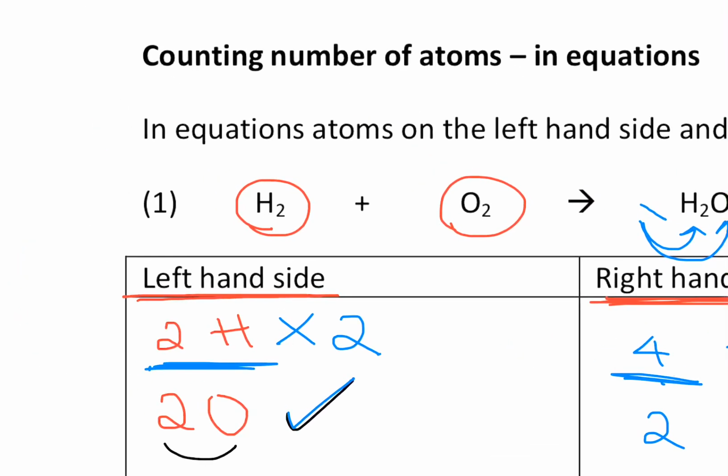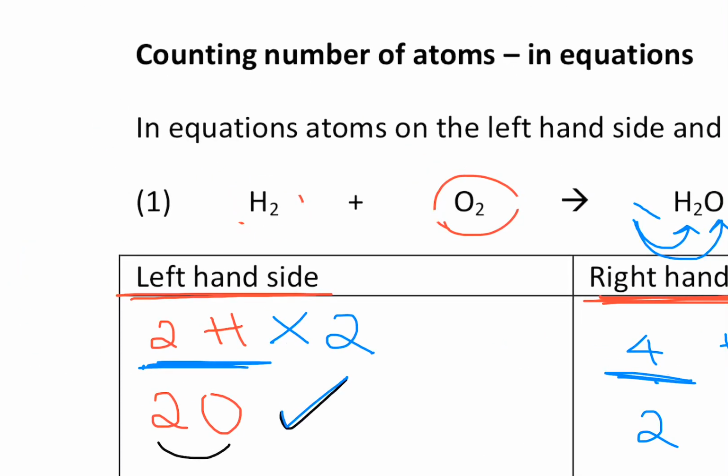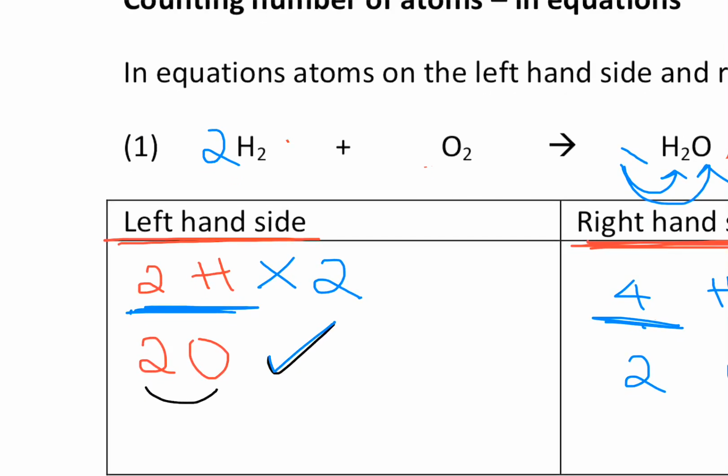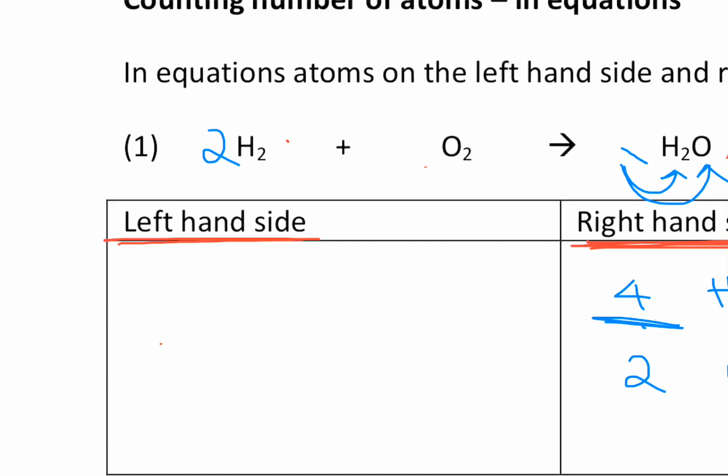So I will put a 2 in front of the hydrogen, like that. And because I've changed this, I'm going to erase and count again. So 2 times 2, 4 hydrogen, and there is still 2 oxygen.